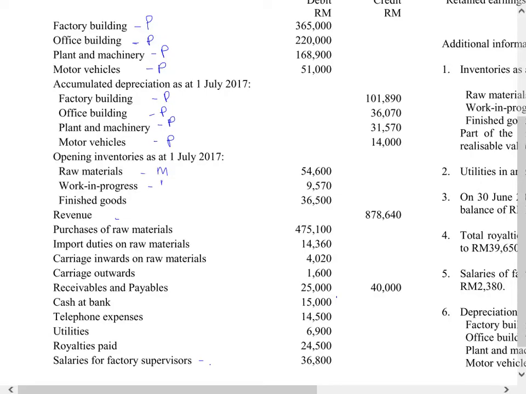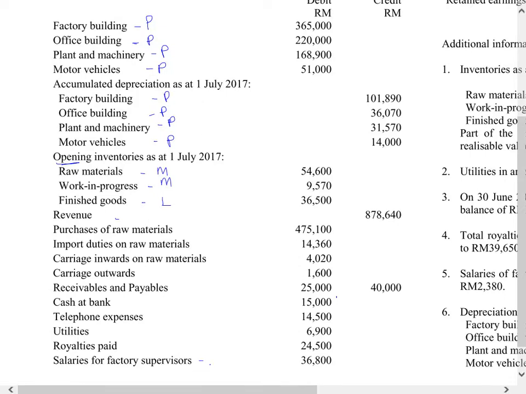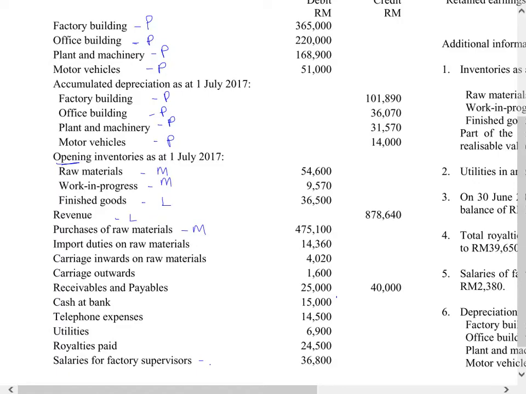Opening WIP. Manufacturing. Opening finished goods is in a SPL. Revenue is your sales. SPL. Purchase of raw mat. Import duty of raw mat. Carriage shipment. Raw mat manufacturing.